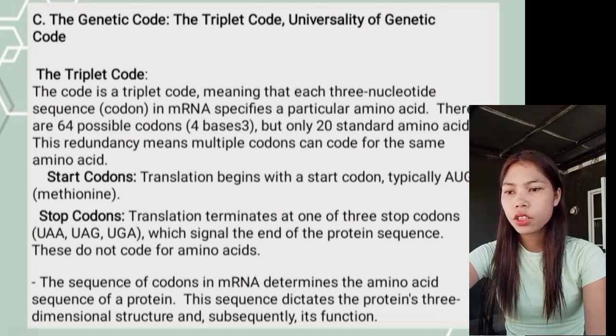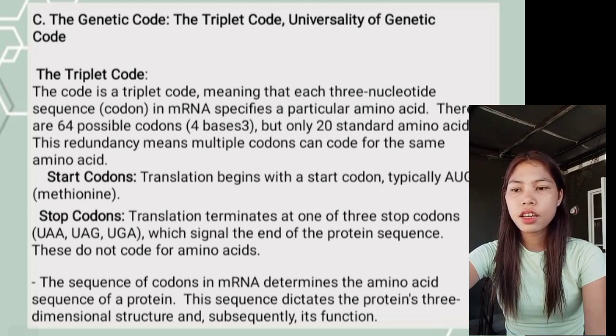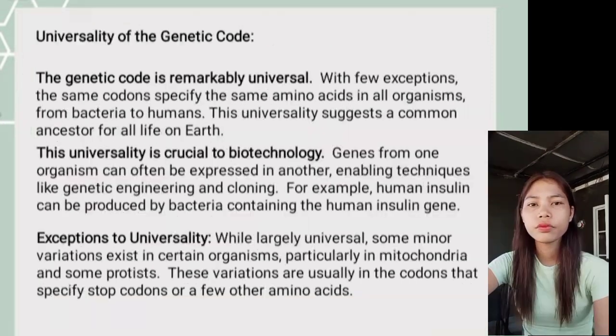However, there are only 20 standard amino acids used in protein synthesis. This means the genetic code is degenerate or redundant. Multiple codons can code for the same amino acid. For example, both CCU and CCC code for proline.